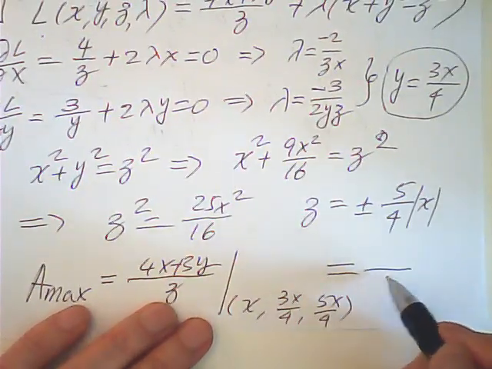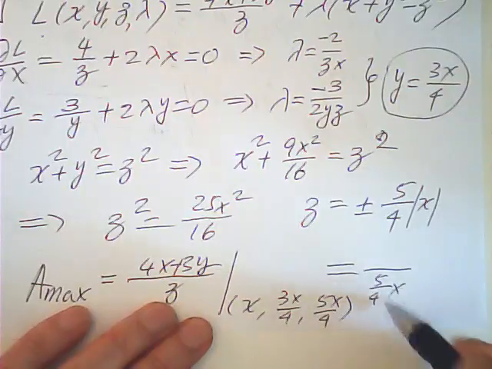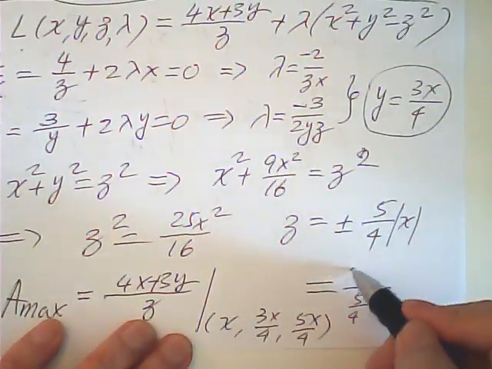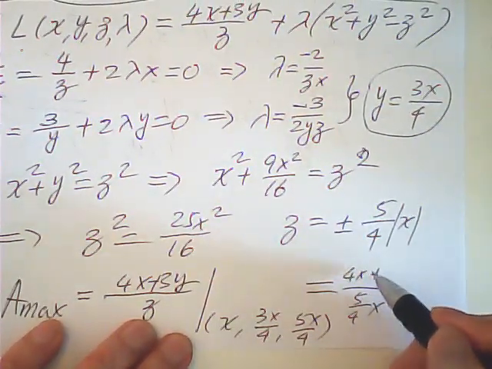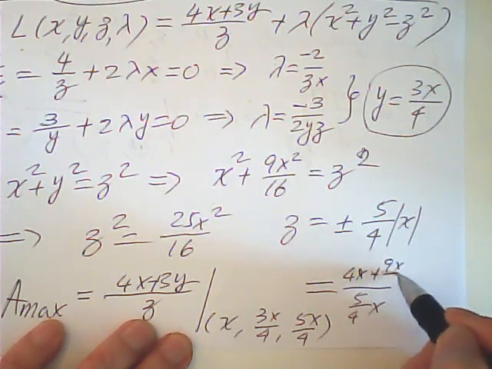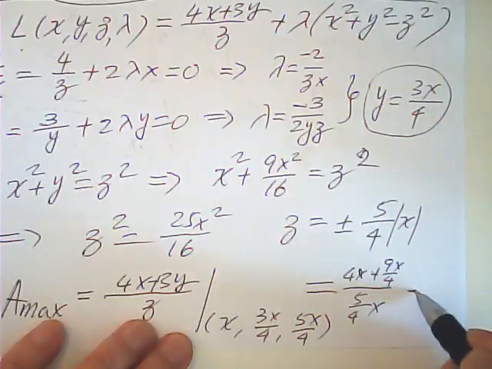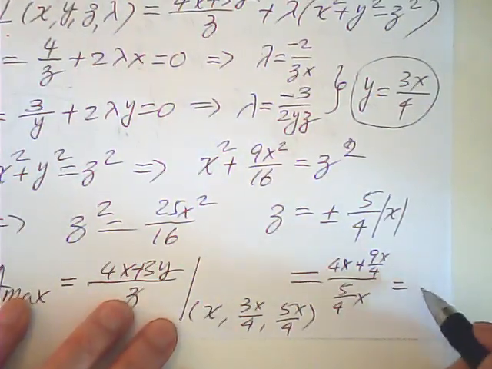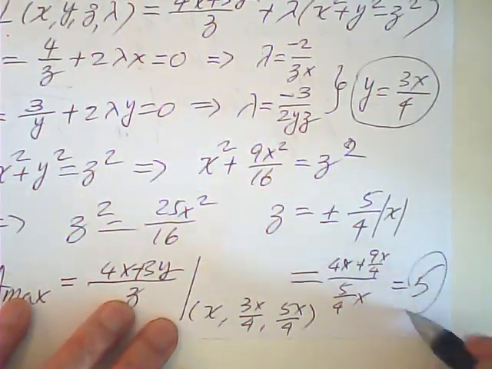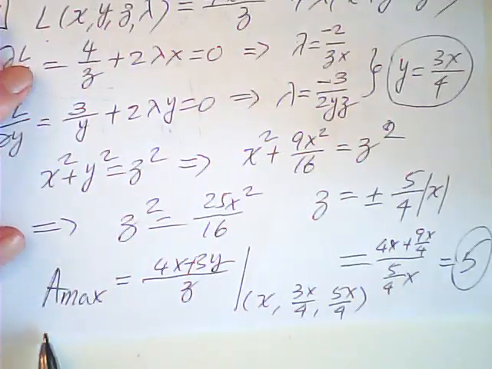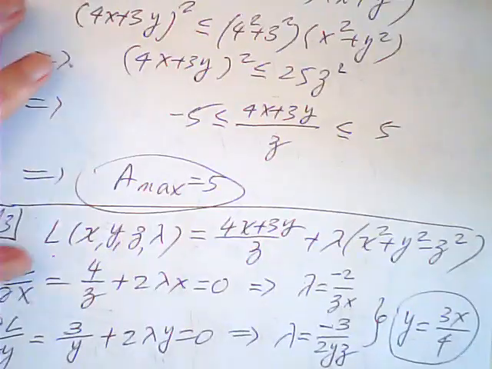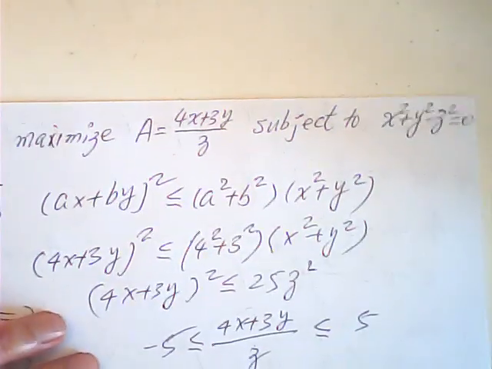And finally, we simplify, and we get that the maximum A is equal to 5. Well, it's good. I've solved this equation by three methods.